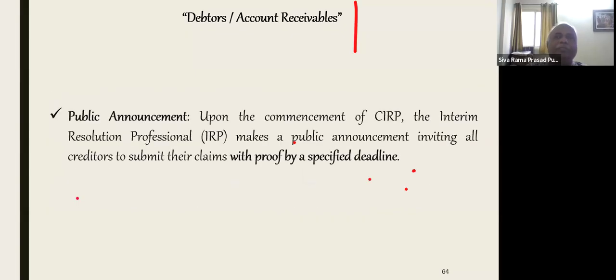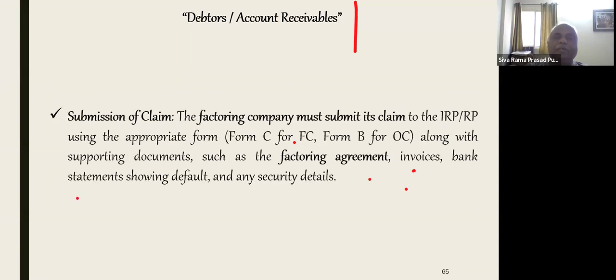Claim process steps: the public announcement. Upon the commencement of CIRP, the interim resolution professional issues a public announcement inviting all claims with proof and a specific deadline. Next, the factoring company must submit the appropriate form to the IRP, along with supporting documents such as the factoring agreement, invoices, bank statement showing the default, and security details.